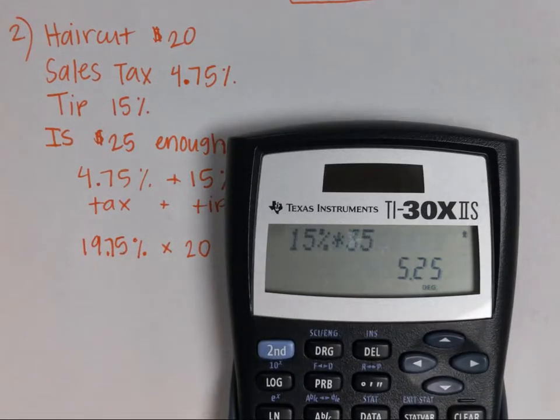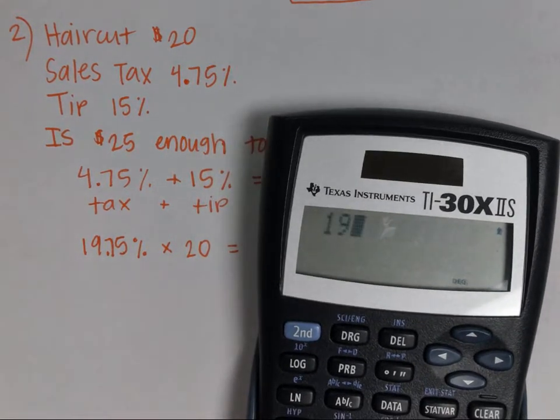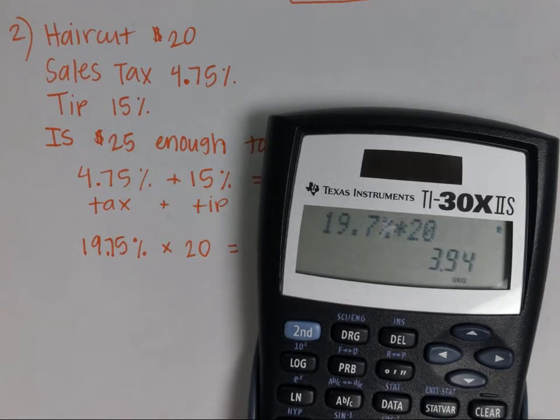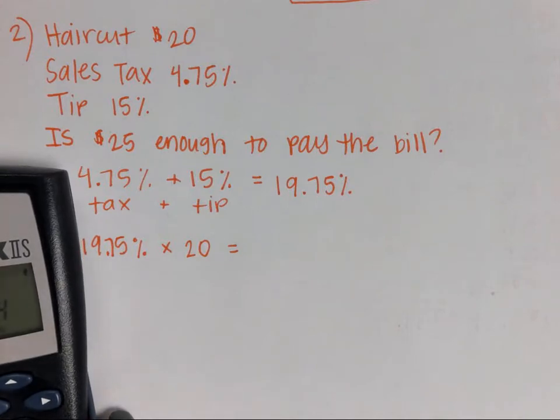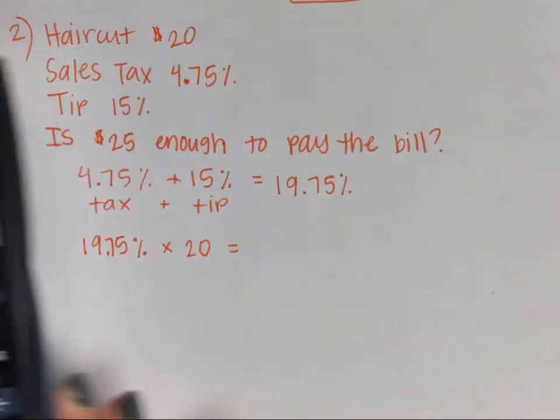So what do I get? Oh wait, I forgot to put my percent in. 19.75% times 20. There we go. $3.95.